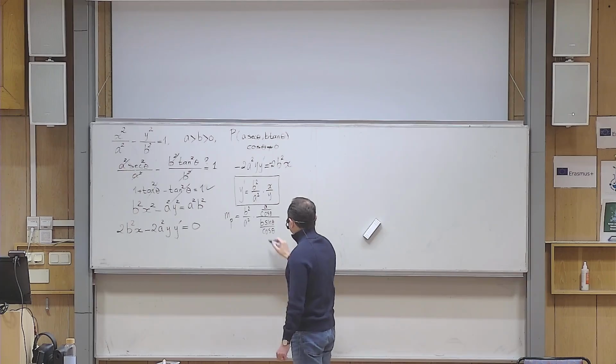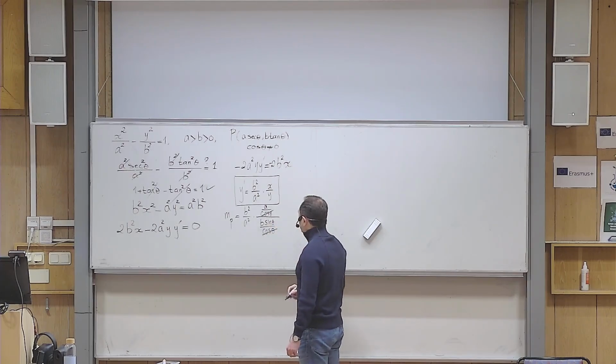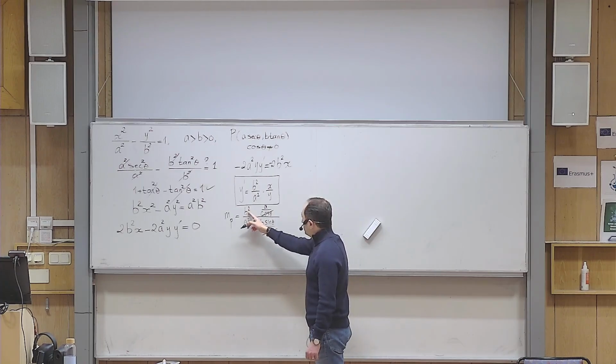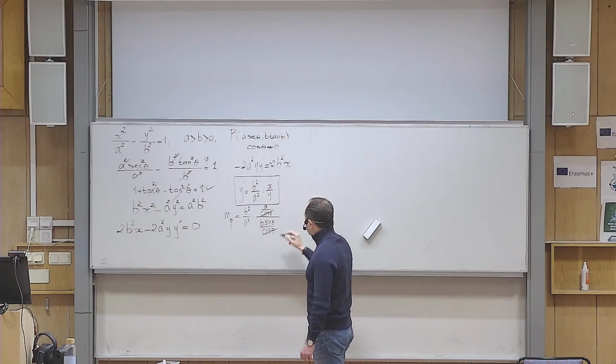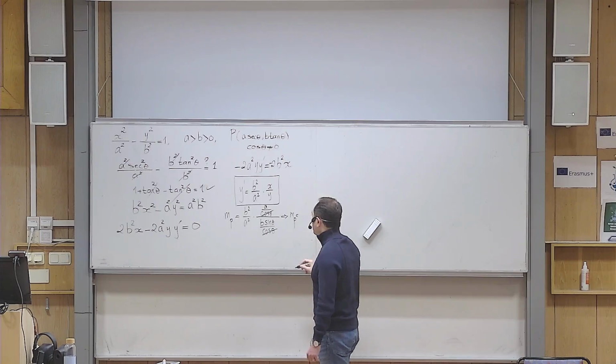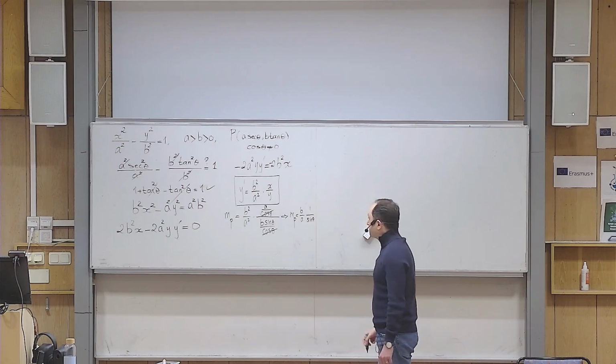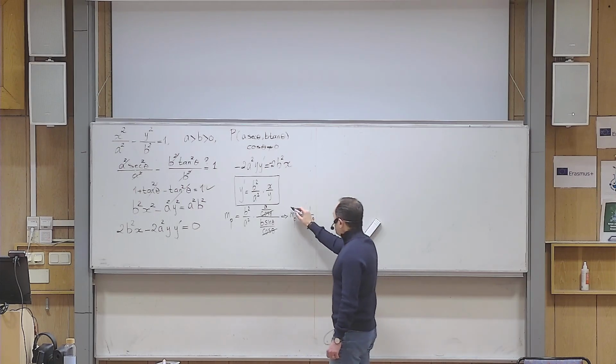Now this cosine theta and that cosine theta are cancelled, and one of the b's and one of the a's cancel. So finally m sub p is equal to b over a times 1 over sine theta. So this is m sub p.